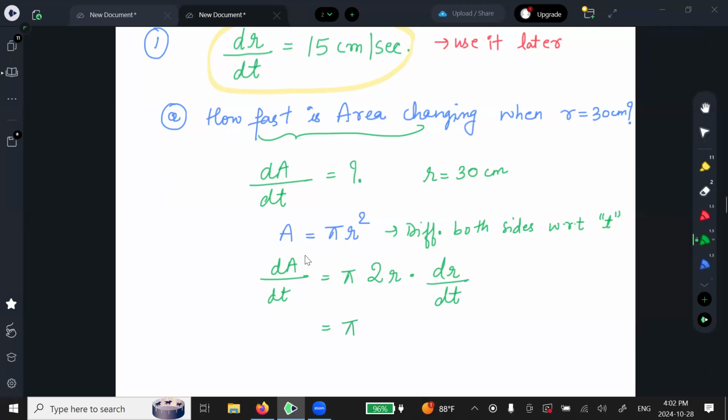Now pi is a number, 2 is given to you, r they say 30, and dr over dt is also given to you. So how fast is the area changing? 60 times 15. What is that answer? 900, right? Centimeters squared per second. You could leave the pi. I don't care. Good.